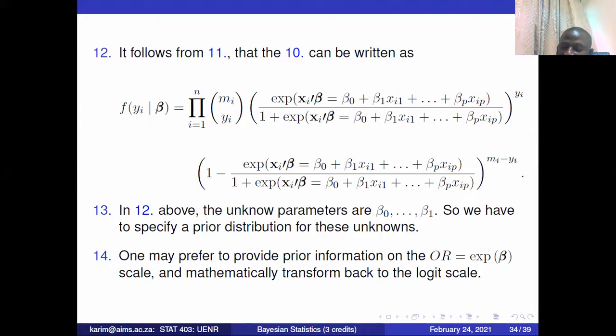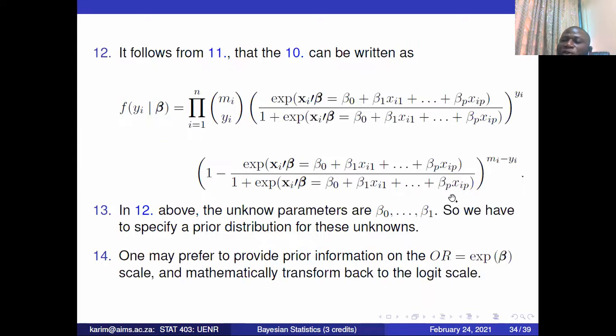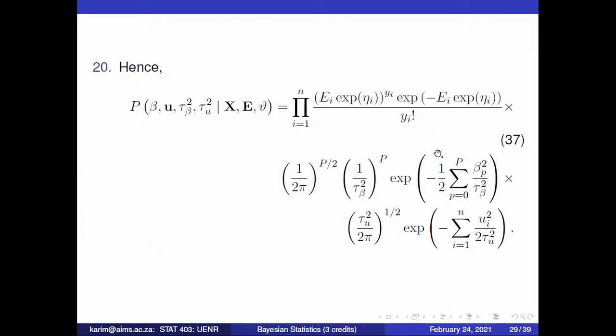Now, let's substitute that. We are saying that our theta is equal to this. So let's substitute the whole of this in place of theta. If you substitute that in place of theta, this is what we are going to get. So wherever you see the theta or the eta, you substitute that.